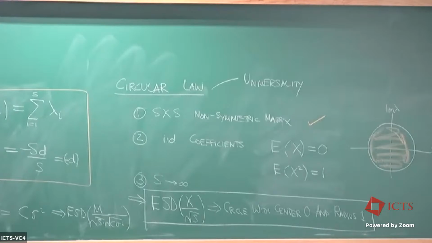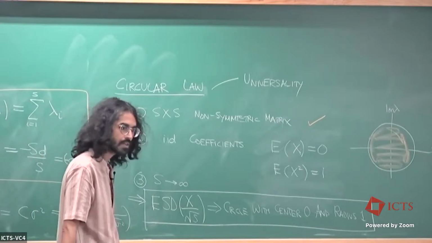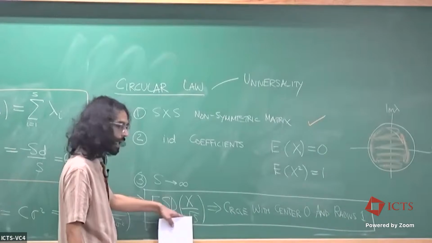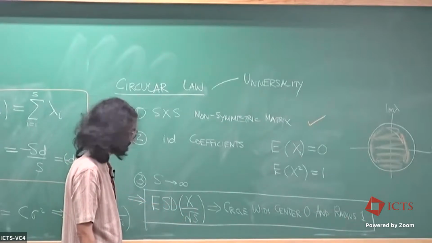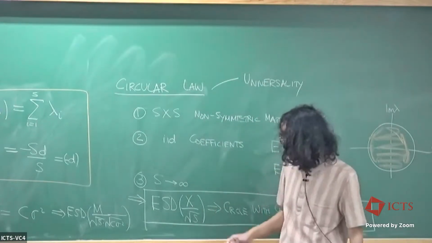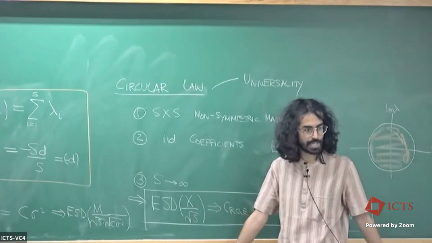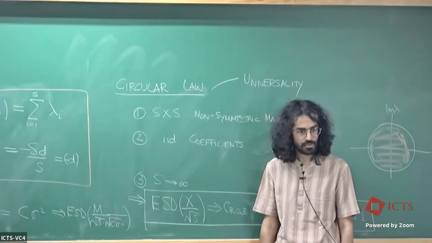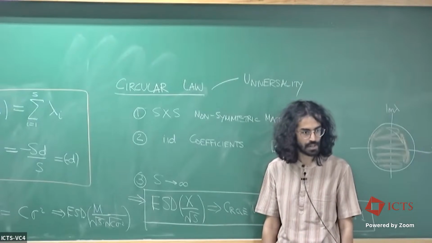Okay. So, what did you write ESD of? This, X over root S. So what does it mean? Okay, good. Remember, if the size of the matrix becomes infinity, the trace of the matrix becomes infinity. So the mean eigenvalue also becomes undefined, right?